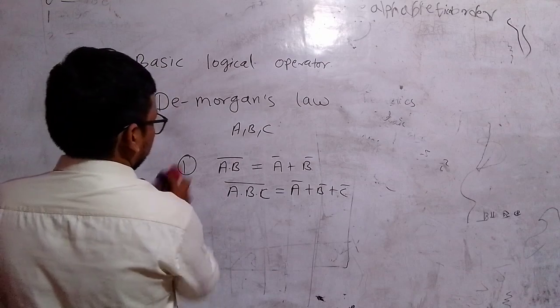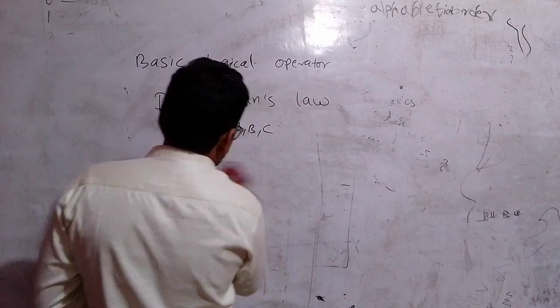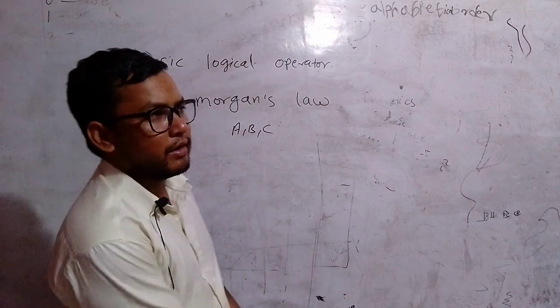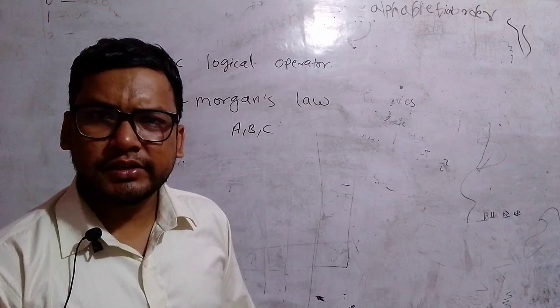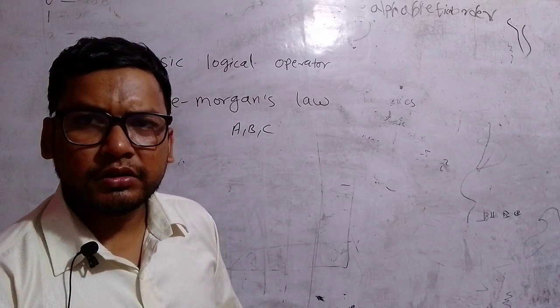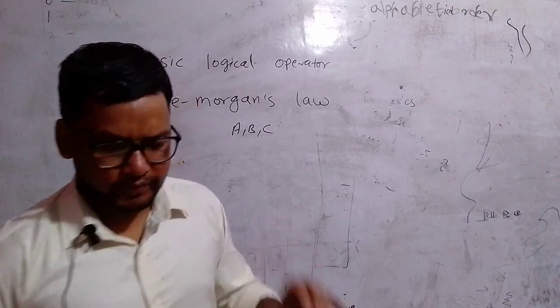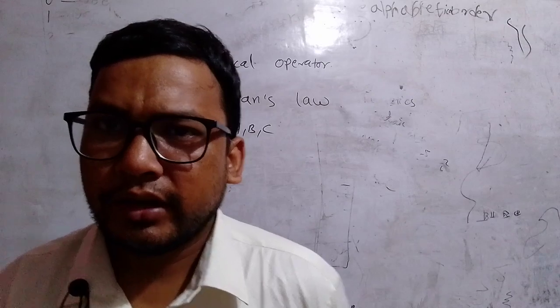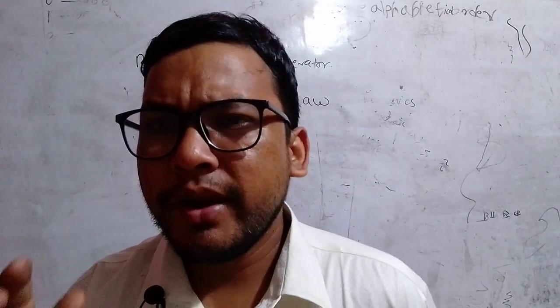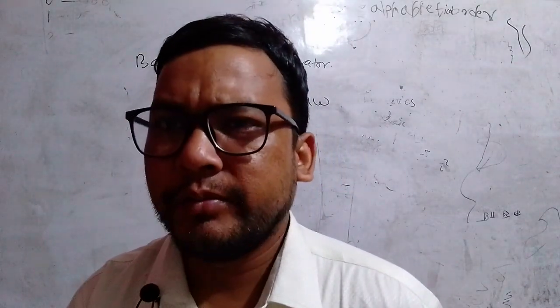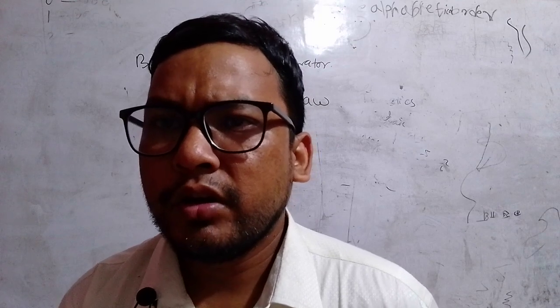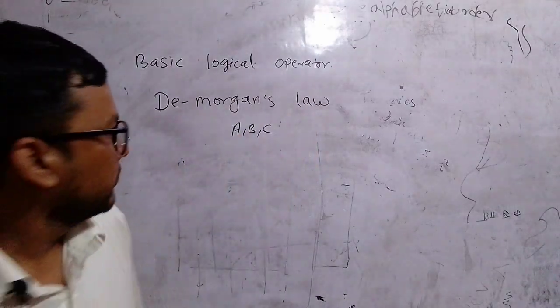And what is the second rule? The complement of sum of each term is equal to the product of complement of each term. Let me repeat again. The complement of sum of each term is equal to the product of complement of each term.